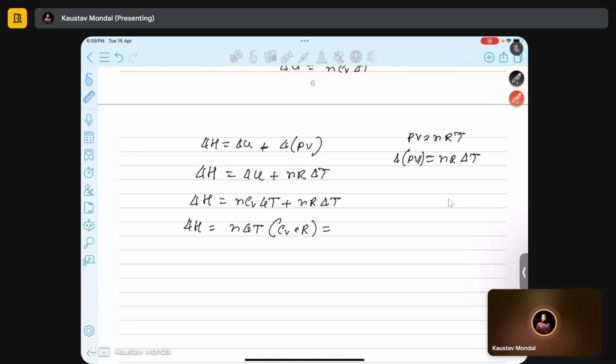We already know Cp minus Cv equals R, so Cp equals Cv plus R. This gives you n Cp delta T. So delta H equals n Cp (T2 minus T1).